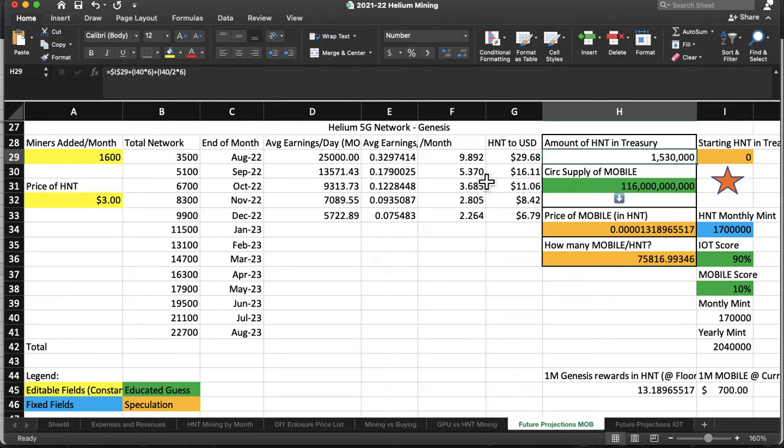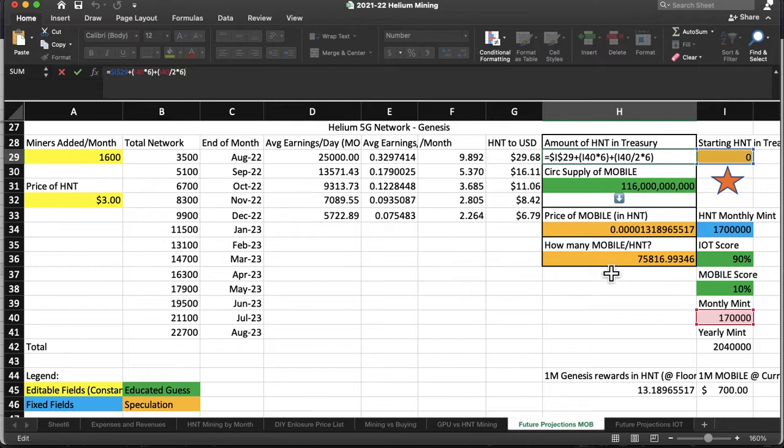Okay. So then after a year, how much HNT is going to be in the treasury? If we start with 0, there's a monthly mint of about 170K. And also, let's not forget, August of 2023 is the next halving.